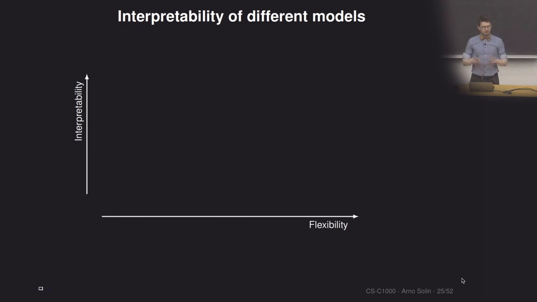If we draw this graph with flexibility on the x-axis and interpretability on the y-axis, we can put our linear regression model here. It's not flexible at all, it's very stiff, but you can read what the trained model is doing.